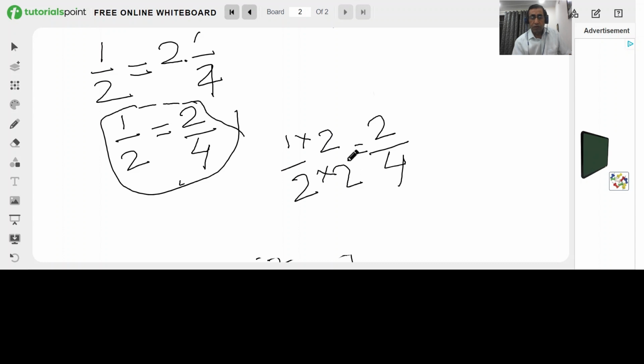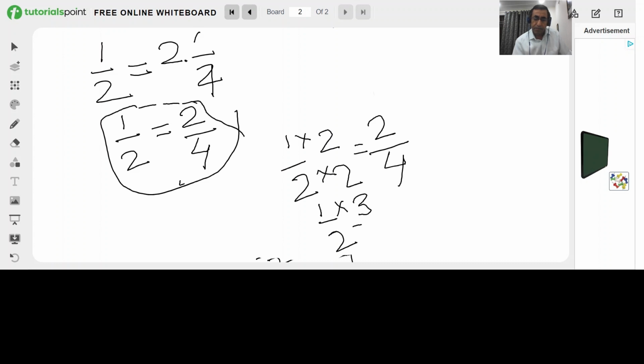Here, to make equivalent fractions, we multiplied the upper side and downside by 2, but the same can be done by multiplying by 3.